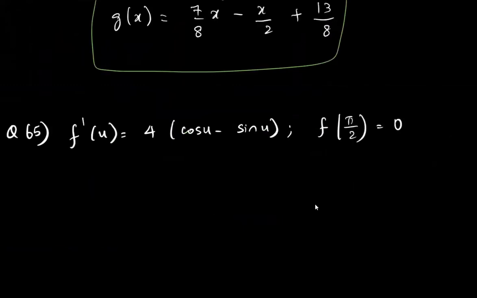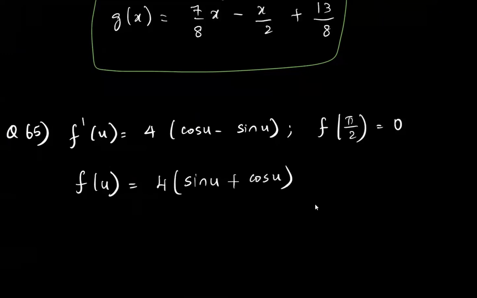All right. So then again, take the antiderivative. I will have 4 sine u plus cosine u. That's right. Okay. So then I substitute 0 is equal to 4 times sine pi over 2 is 1, cosine pi over 2 is 0.